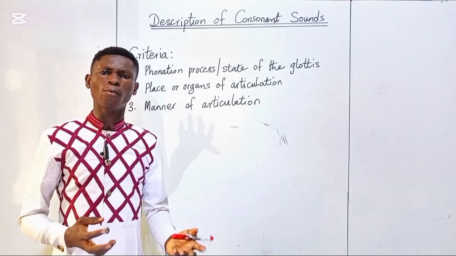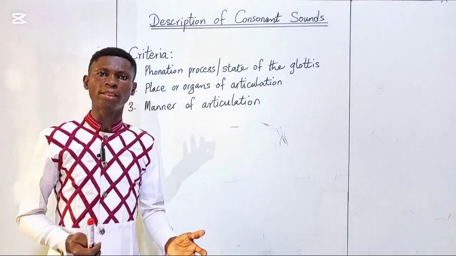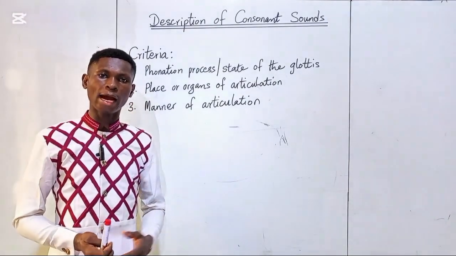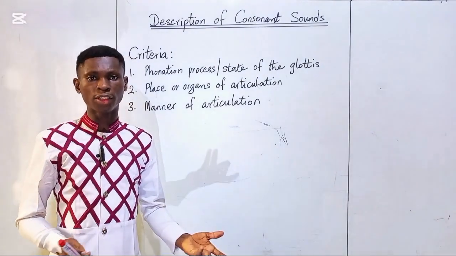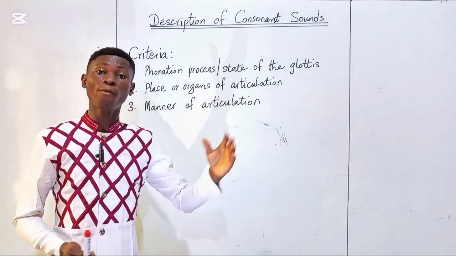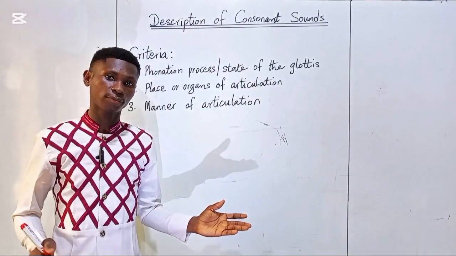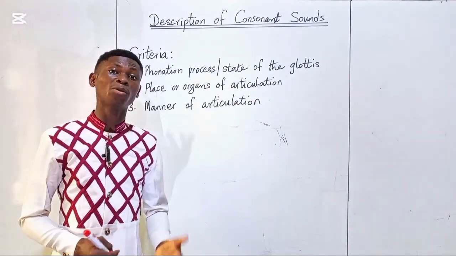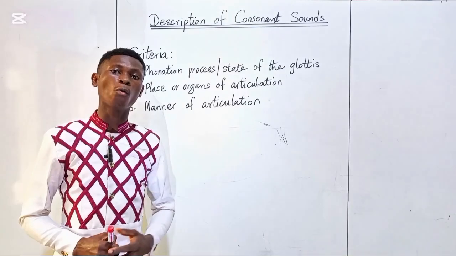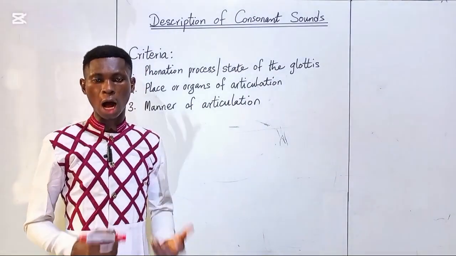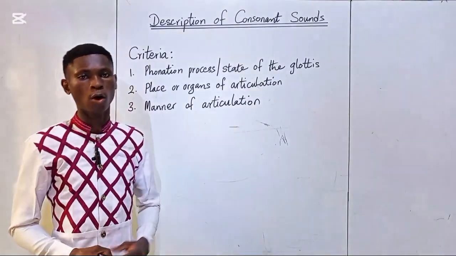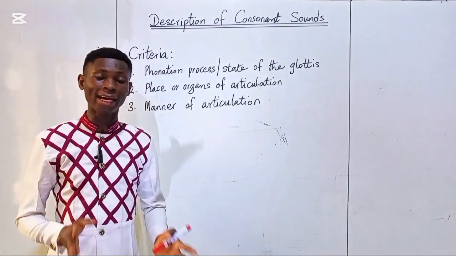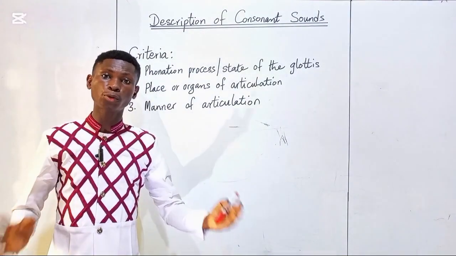You may be thinking, why didn't I mention this while we were talking about vowel sounds? I didn't talk about the phonation process because all vowel sounds are voiced. There is no vowel sound you can articulate without the vibration of the glottis or the vocal cord. But for consonant sounds, they are segmented into two groups.